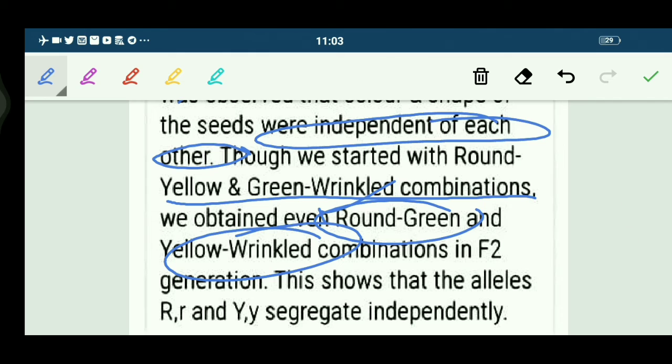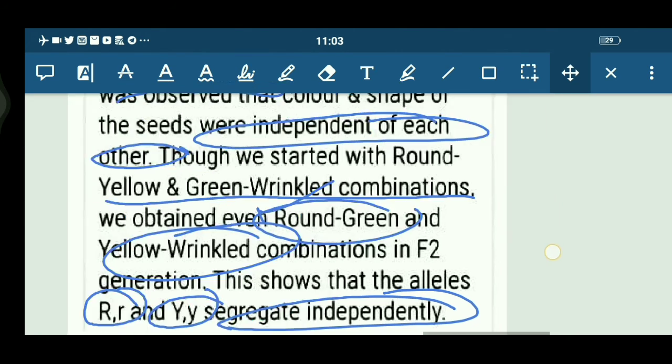Fine children. So this shows that the alleles capital R, small r, capital Y, small y segregate independently. They have separated independently. That is why we have obtained some other results, that is the round green and wrinkled yellow as well.